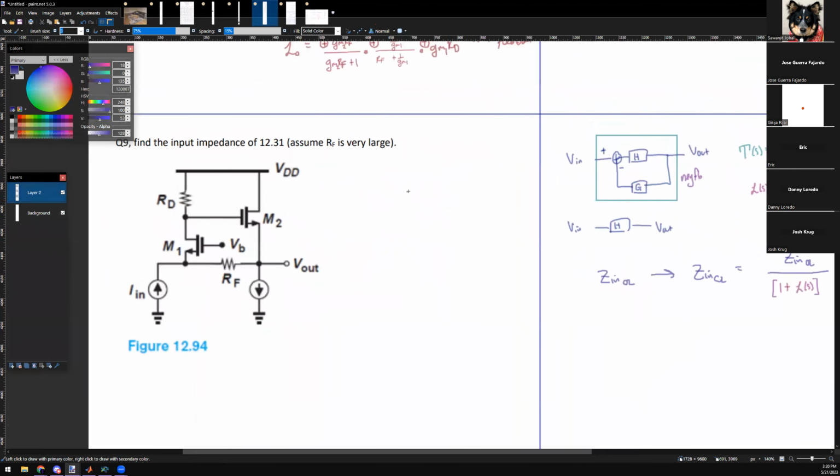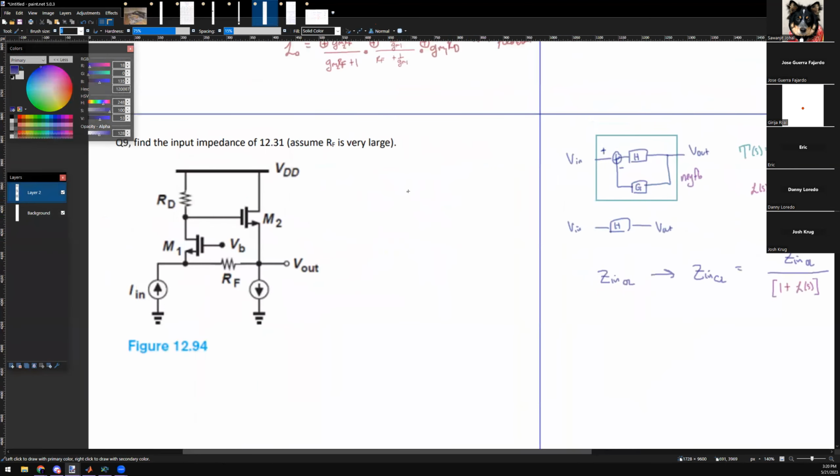So when you guys have negative feedback, the input impedance is augmented, the output impedance is augmented, and the gain of the circuit is augmented. So if you had another question, what's the gain of the circuit, right?